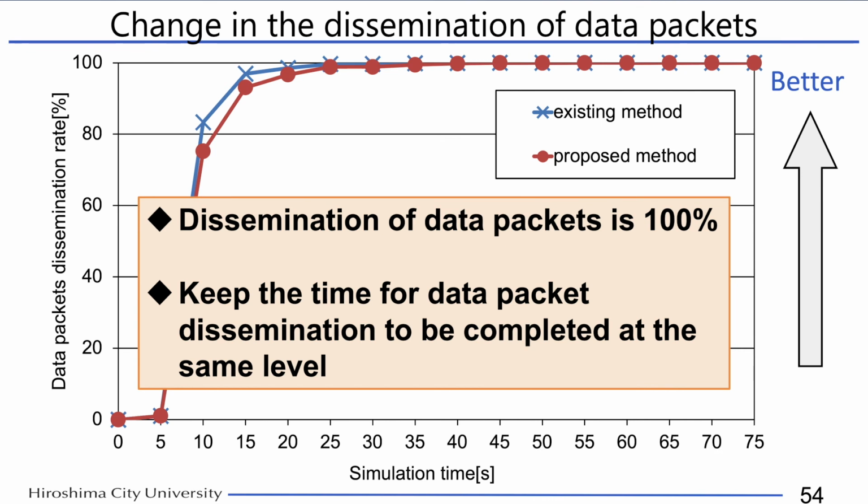As a result, with a simulation time of 45 seconds, the data packet dissemination rate is almost 100% for each method. In addition, we were able to keep the time to complete the dissemination of data packets at the same level as the existing method. Initially, there were isolated terminals, but over time, the isolation is resolved when the path is reduced.